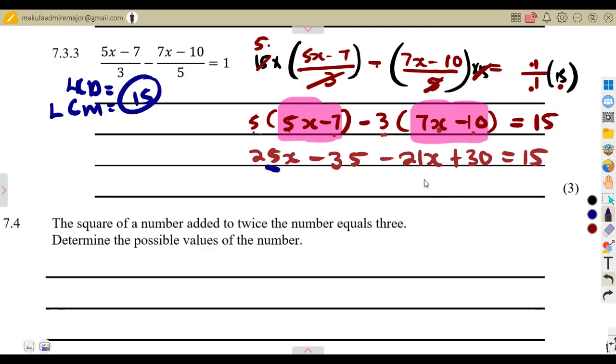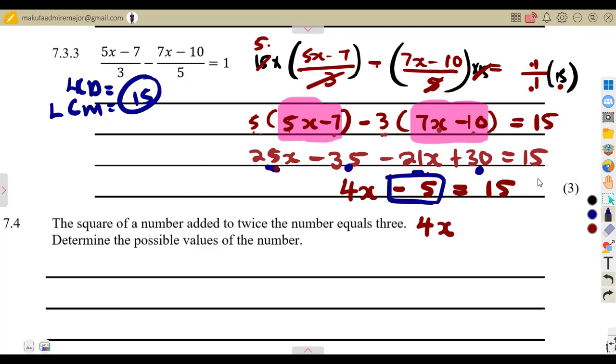So we can collect the like terms where there is x. 25 minus 21 was going to be 4x. The numbers combined, minus 35 plus 30, this is minus 5, which is equal to 15. So that is 4x is equal to, transpose or take the minus 5 to the other side of the equation.